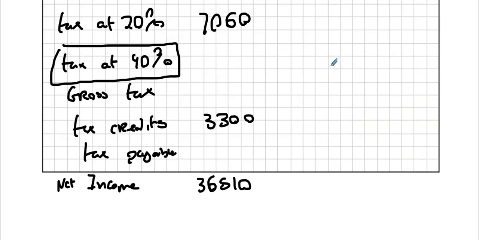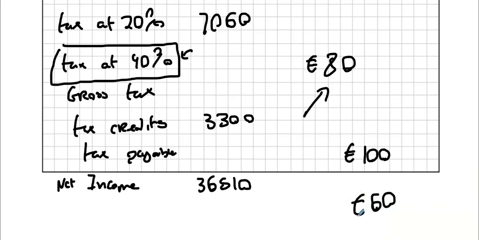So if we want 80 quid more, no matter what happens, the tax credits are going to get taken away from it. So for example, for every €100 I make extra above the 35,300, 40% of it is going to be taken away as tax. So every 100 quid will only come out as 60 quid.